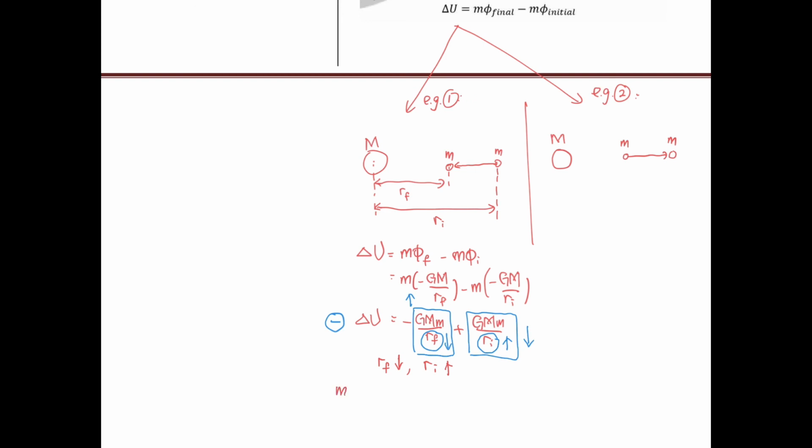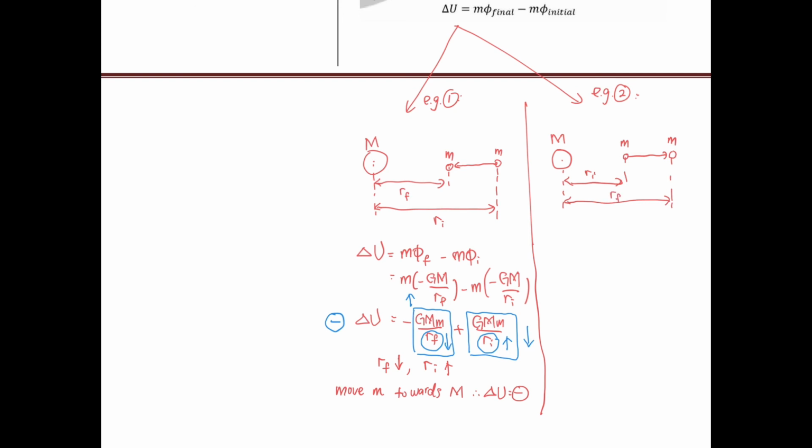Okay, so I write down the main idea that I'm trying to say here. When you move m towards M, your delta U is negative. So example 2 is just the other way around. You are moving the stone away from the Earth. So initially it is small, and at the end it is big.